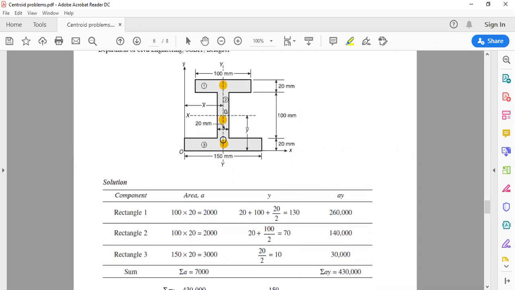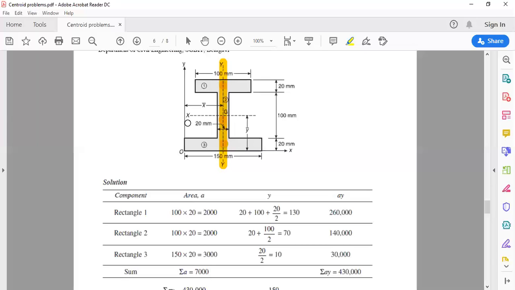So if we see, there is an axis of symmetry, and this is that axis of symmetry. If I fold the section along this axis, all the corners will coincide. So since this axis of symmetry is parallel to the reference y-axis, I can directly calculate X bar.